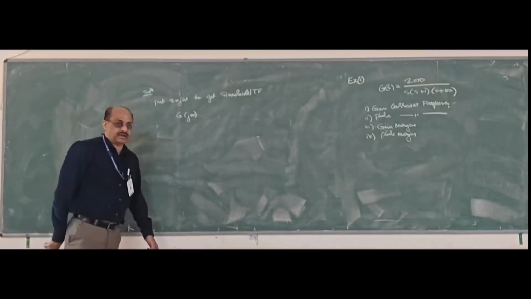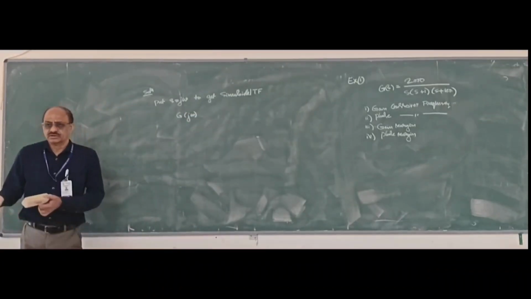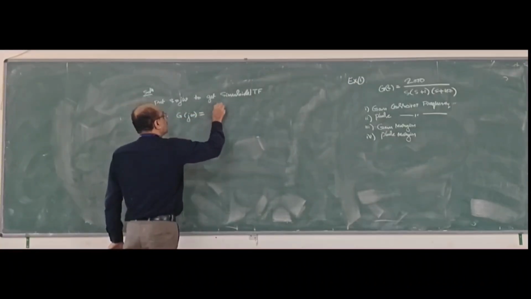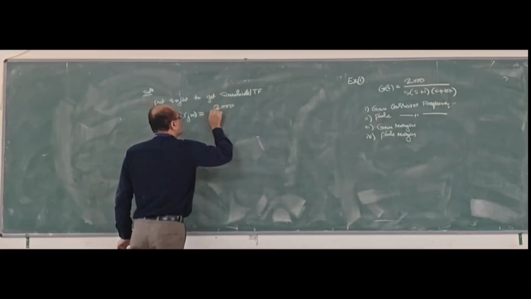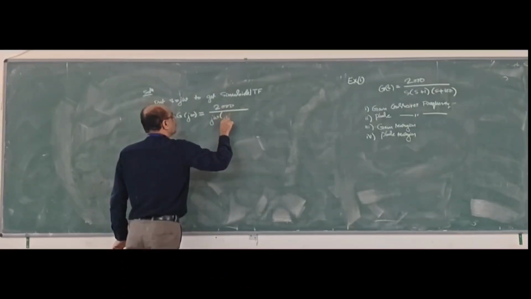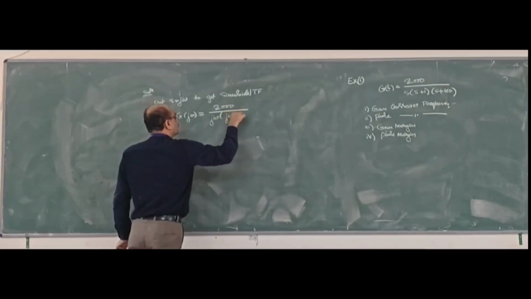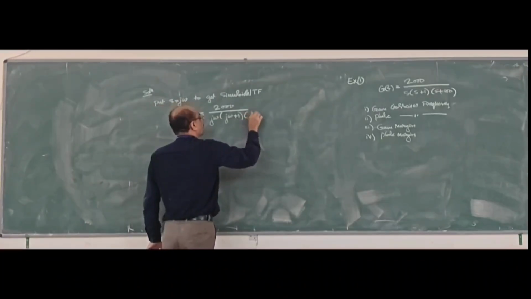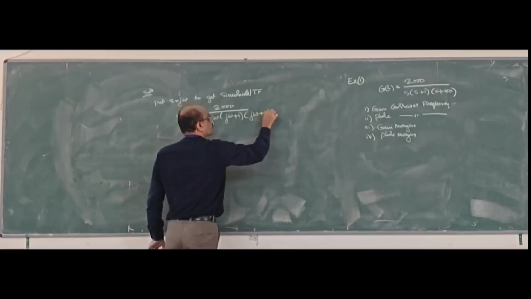It is a unity feedback control system, so H of s is equal to 1 obviously. So G of j omega is 2000 divided by j omega, times j omega plus 1, or 1 plus j omega, and then j omega plus 200.